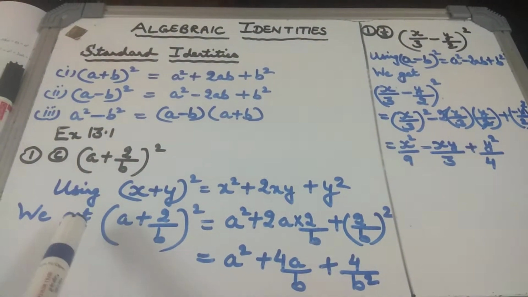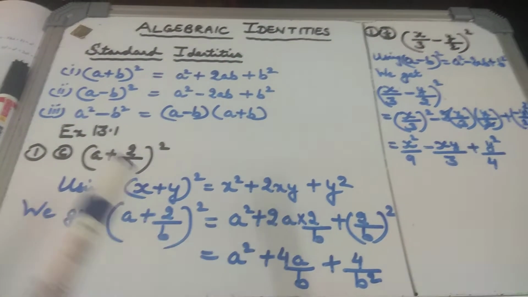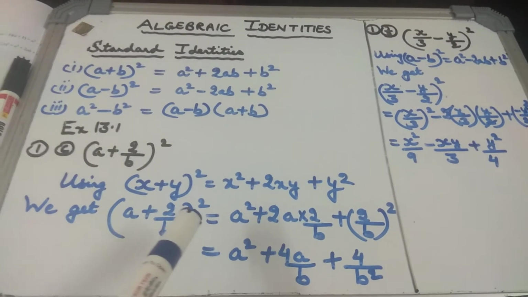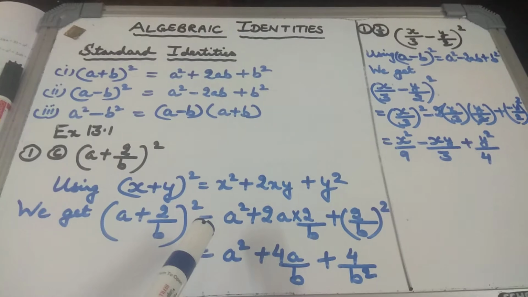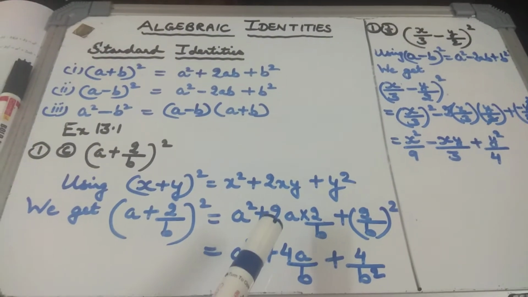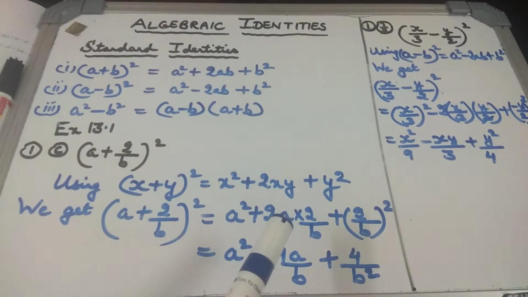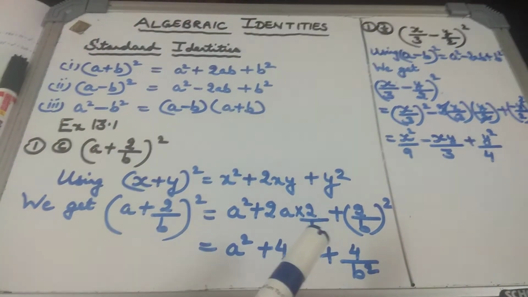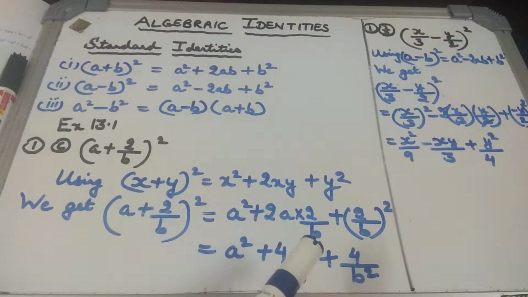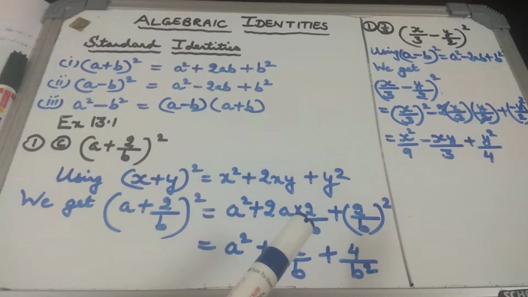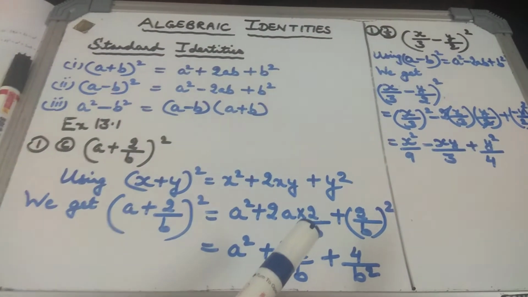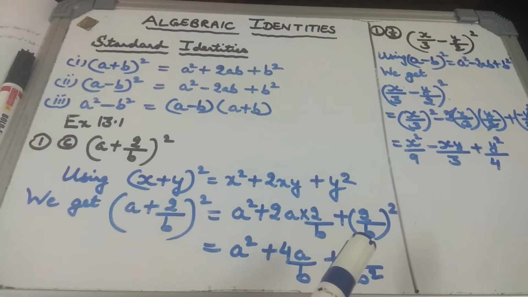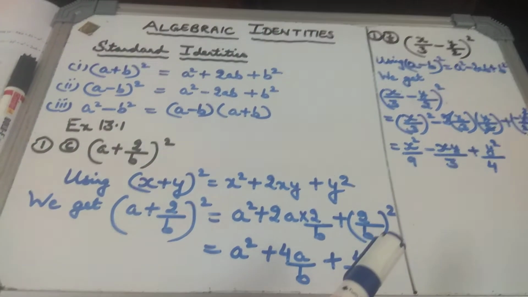Now apply the same formula to the given expression: (a plus 2 upon b) whole square equals a square plus 2 into a. In place of x it is a, in place of y it is 2 upon b, and I am putting a multiplication sign here so that you don't forget to multiply correctly, plus (2 by b) whole square.